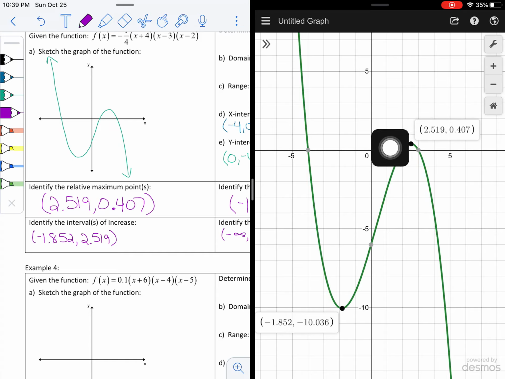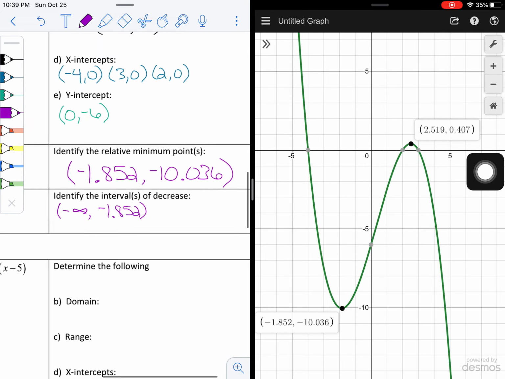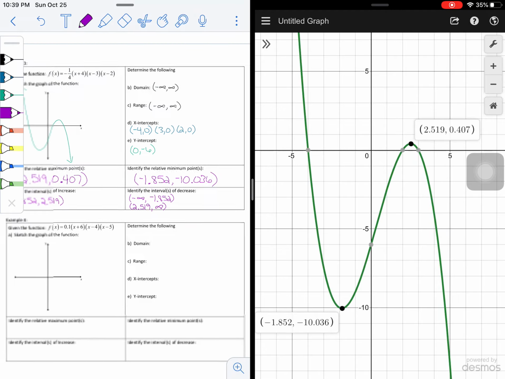And then from this maximum point until positive infinity, this graph is dropping. So that's going to be a decreasing interval. So that was positive 2.519 till infinity. Your graph is decreasing. Okay.